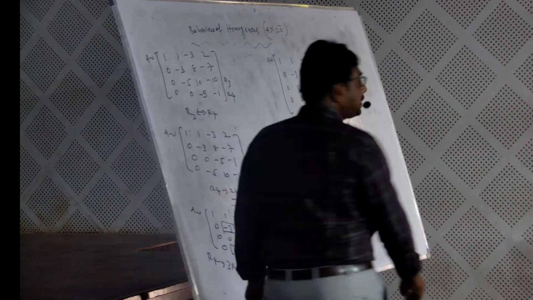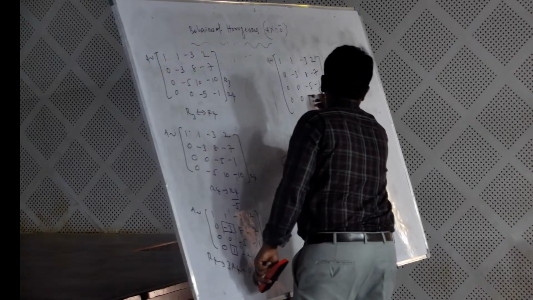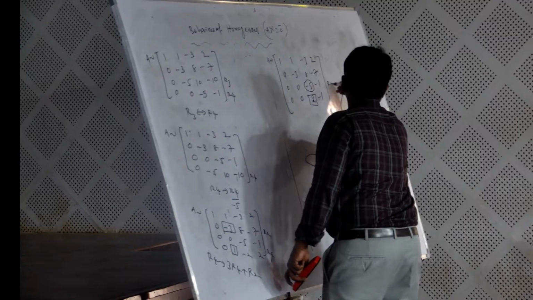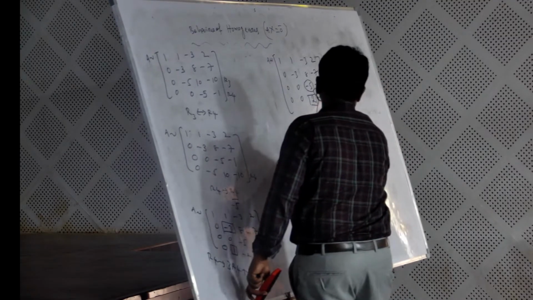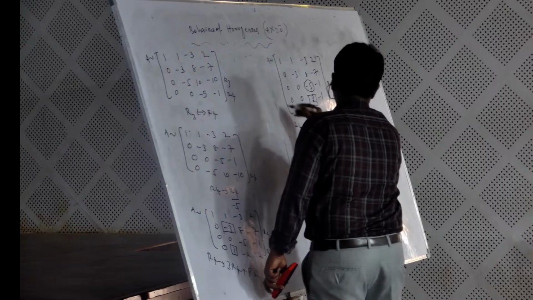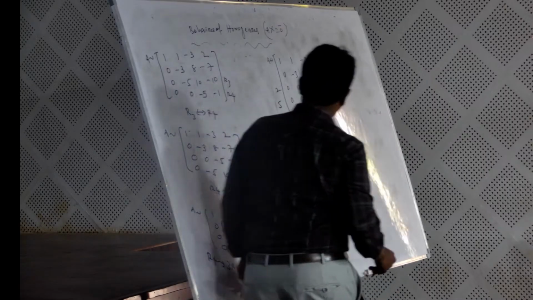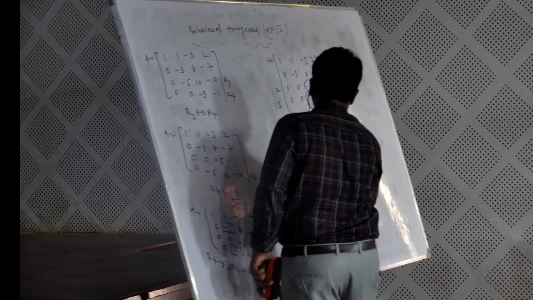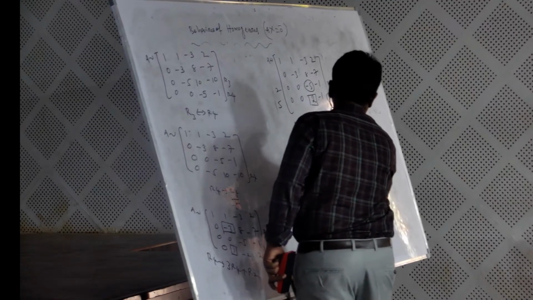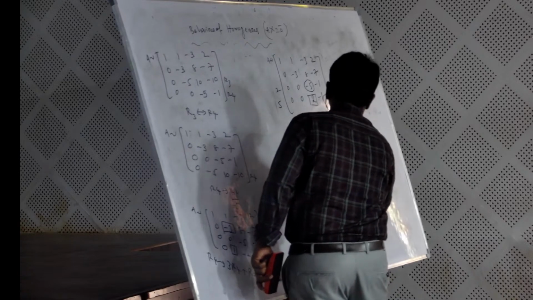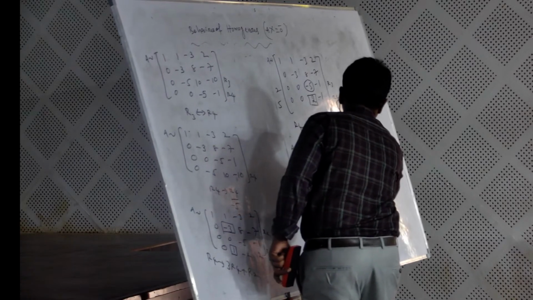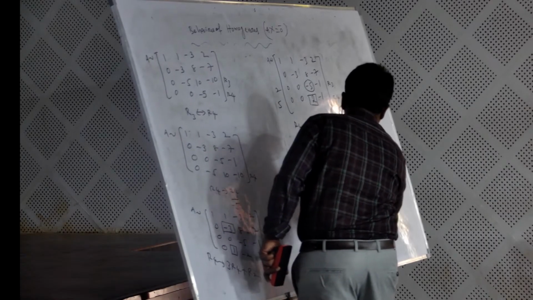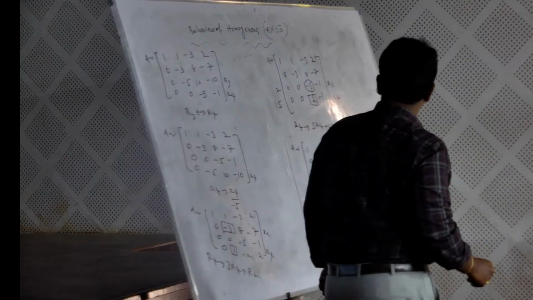No. What is the next target? 2, by using 5. Tell me. R4 implies 5R4 minus 2R3. 1, 1, minus 3, 2, 0, minus 3, 8, minus 7, 0, 0, minus 5, minus 1, 0, 0, 0, minus 5, minus 2.